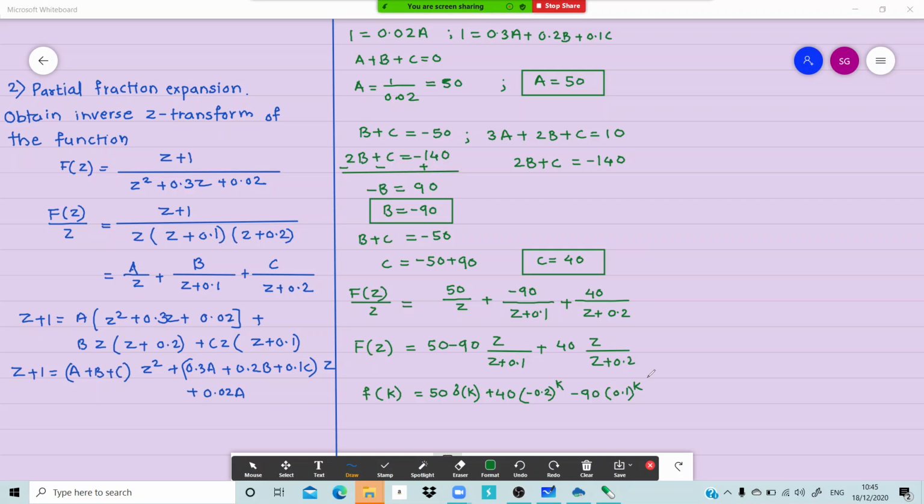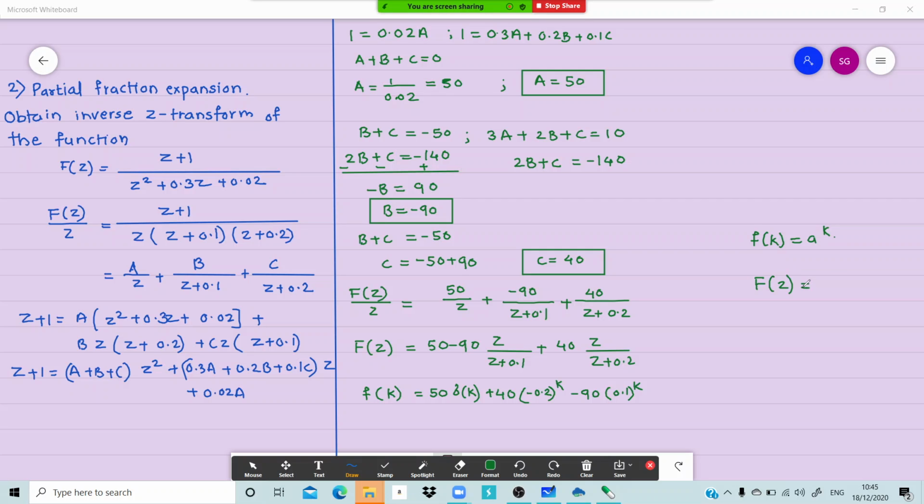Which formula have we used? We have used the exponential expression's formula, if you can recollect, right? What we had, f of k is equal to a raised to k, right? Then we had derived this f of z.